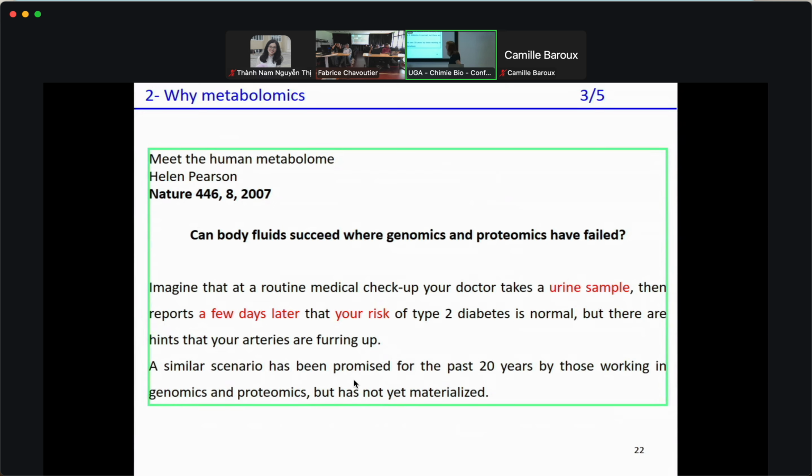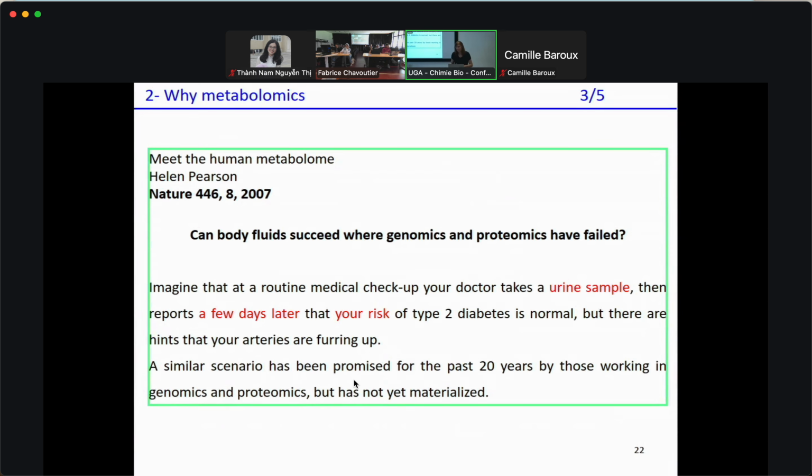And so metabolomics started to develop at that period, and this is also because analytical methods have largely developed and been improved, and also statistical tools have been developed to build this fingerprint.